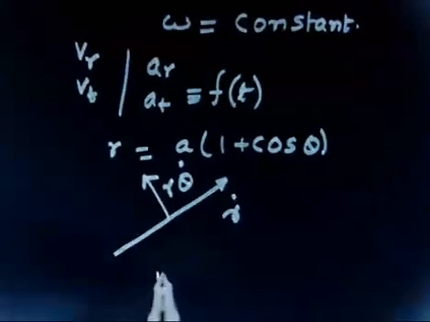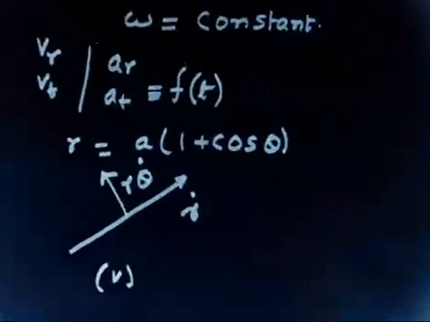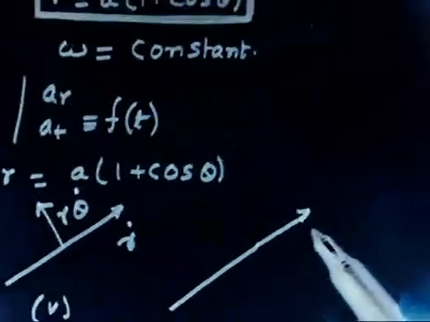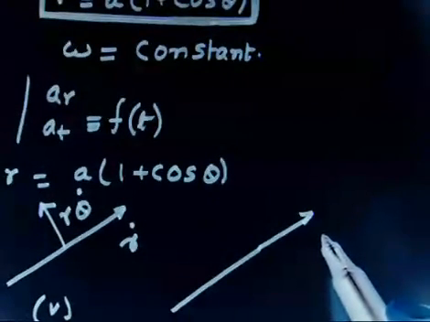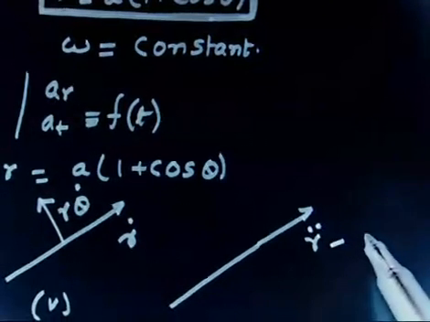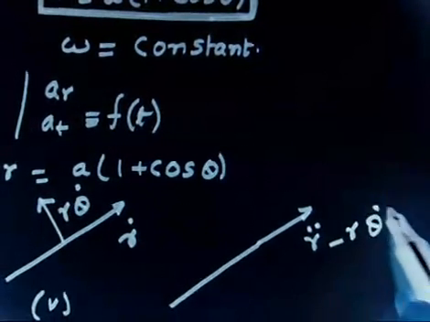Now this is for velocity. We have also derived in the class that the radial component of acceleration is given by r double dot minus r theta dot whole square.